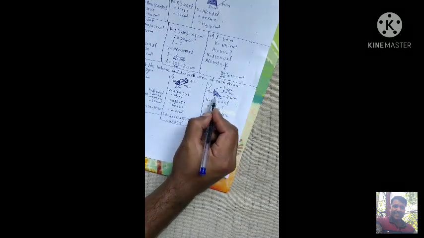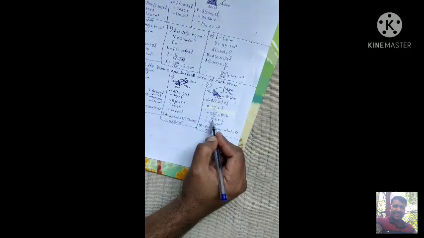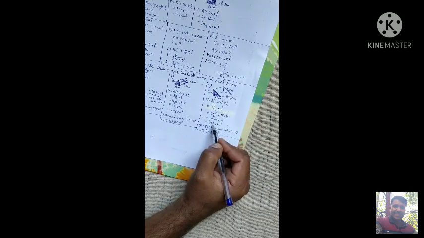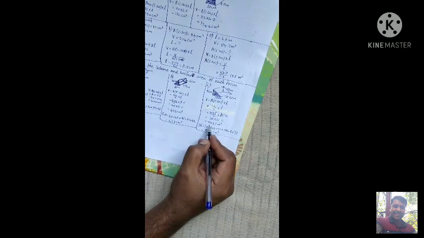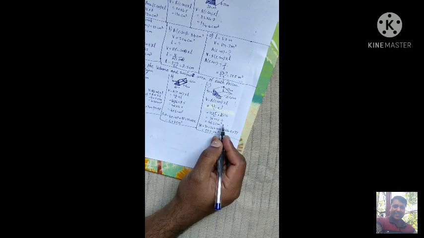Multiplying and dividing by 2, we get 30, and the length is 15.4. Multiplying, we get the answer 462 centimeter cube.